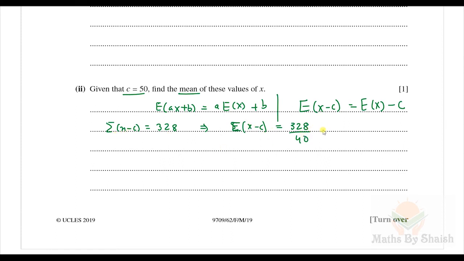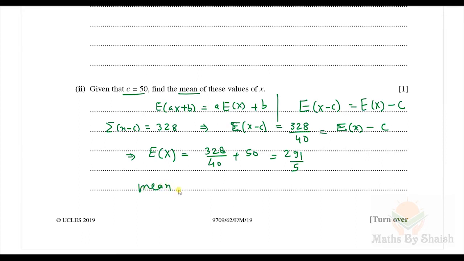And this would be exactly same as expectation of x minus c, and hence expectation of x would be, that is the mean, expectation of x would be 328 over 40 plus 50. So 328 over 40 plus 50 is 291 over 5.